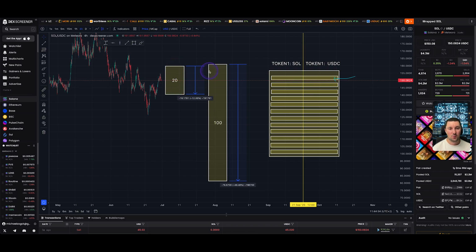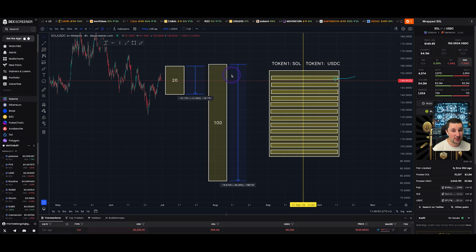When you want to have a higher range, then you go with a higher bin step. For example, if you want to go for minus 49%, then you go with the 100 bin step, and there's a lot in between, so you can have, like, bin step 50 and so on. Each of the ranges actually means the percentage of the price movement.